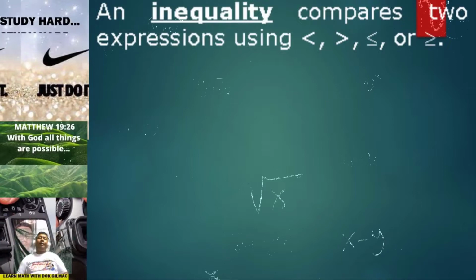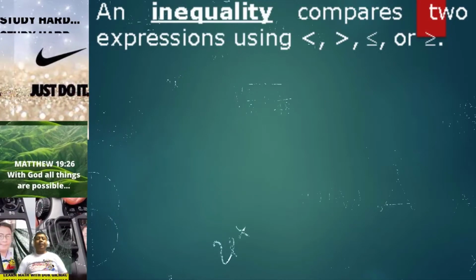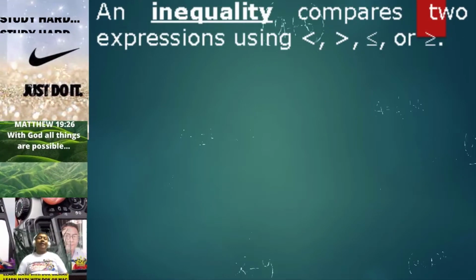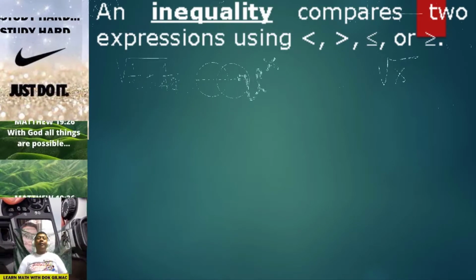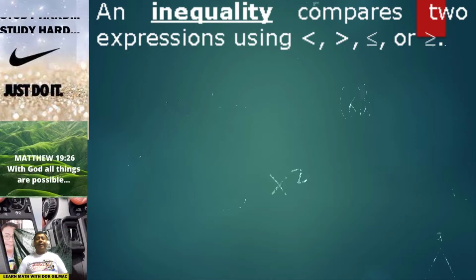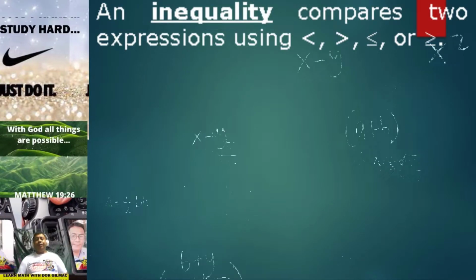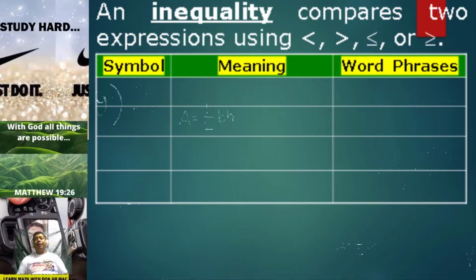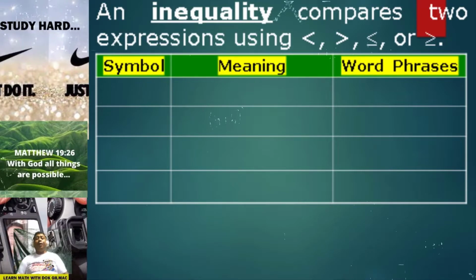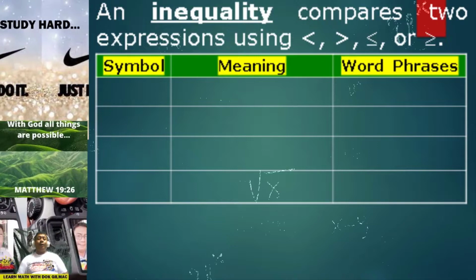An inequality compares two expressions using less than, greater than, less than or equal, or greater than or equal. Consider the given table here. As you can see, we have three columns for symbol, meaning, and word phrases.